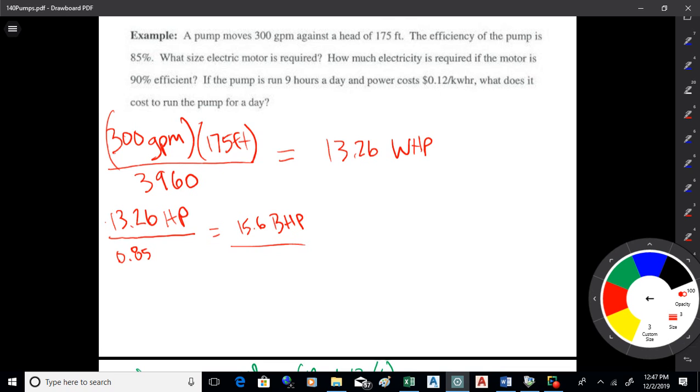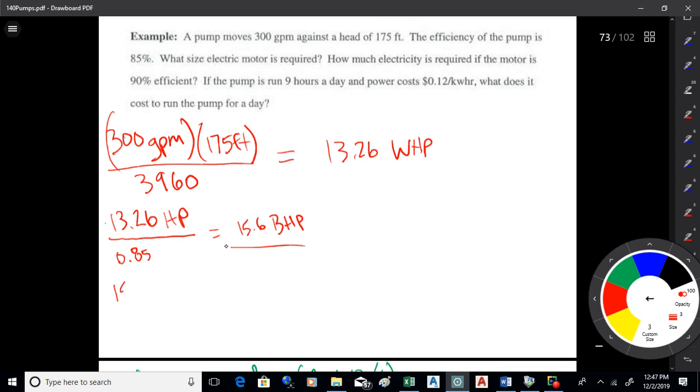All right. Now, how much horsepower do I deliver to the motor? Yeah, 17.33, because I have a 90% efficient motor. Okay, we good?